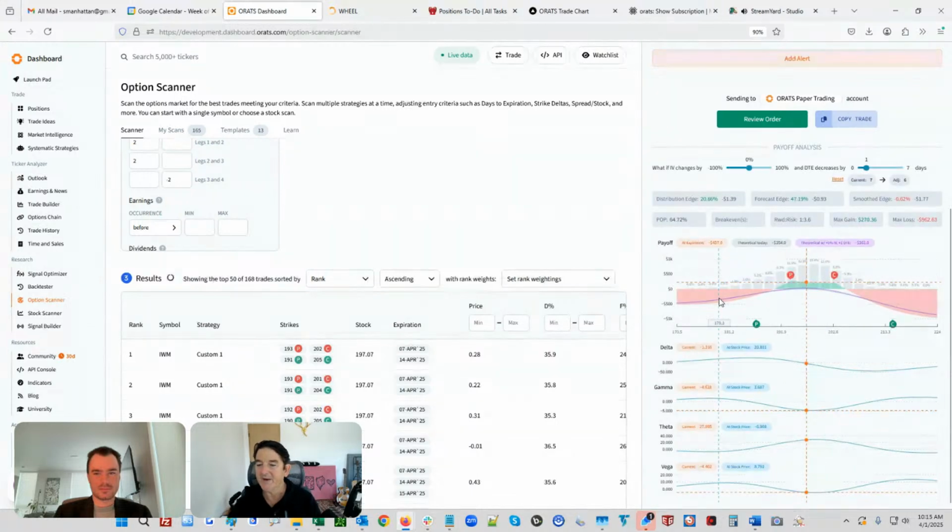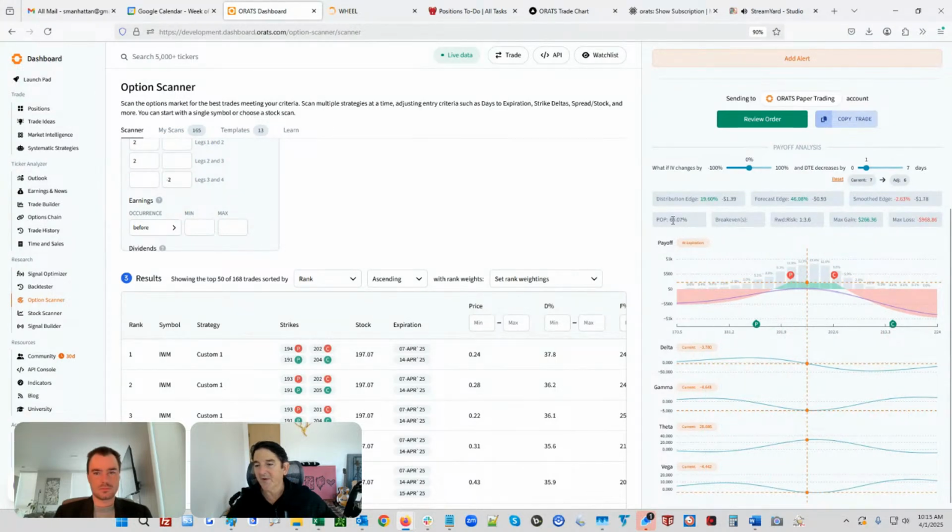So what that means is, we have a probability of profit calculation, and we have this distribution. So we could just count the number of bars that are green and count the number of bars that are red, and that's the difference. So 35% of the time it's red and 65% of the time it's going to be green. These bars are higher in a distribution.